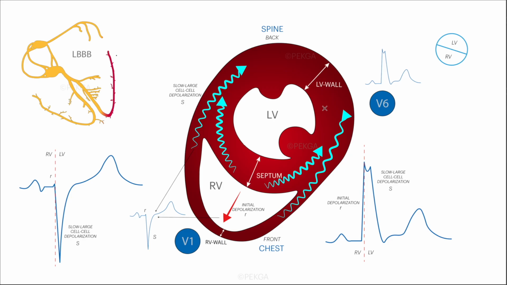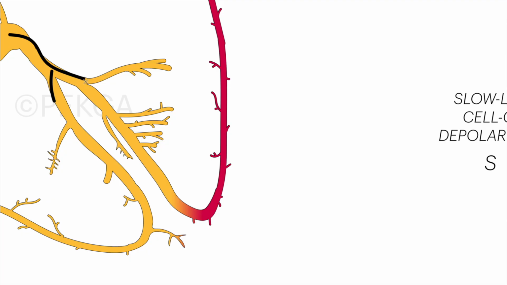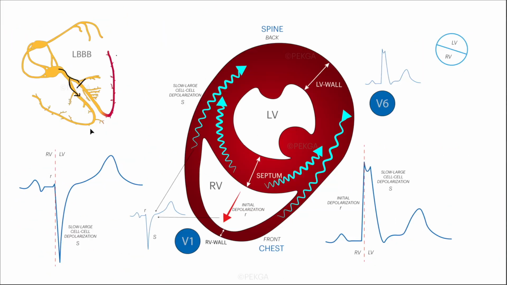So when it comes to the left bundle branch block, what happens is the signal is coming down from the AV node, right? It's bifurcating into the left and right bundles. And in a complete bundle branch block, this will get blocked and the signal will continue in the right bundle.